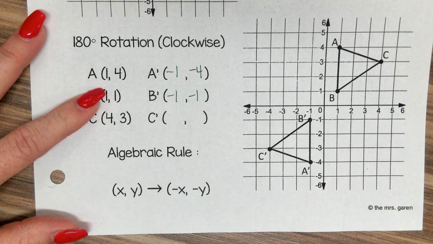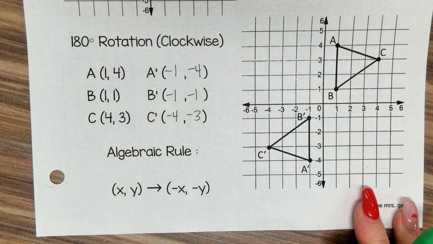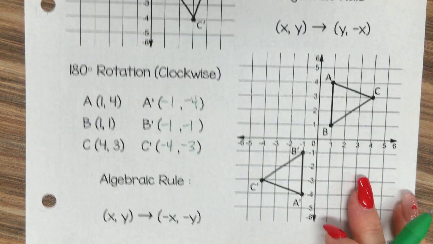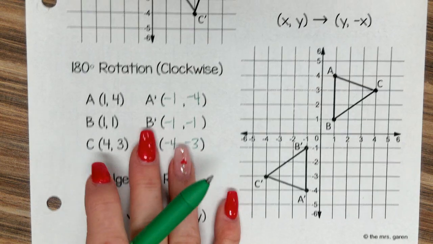And you do the last one on your own. And then negative 4, negative 3.